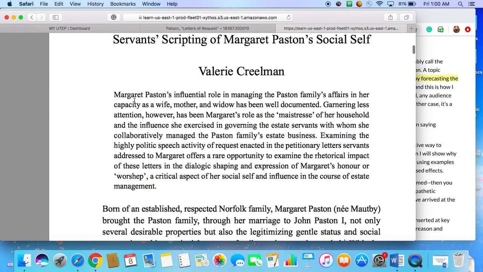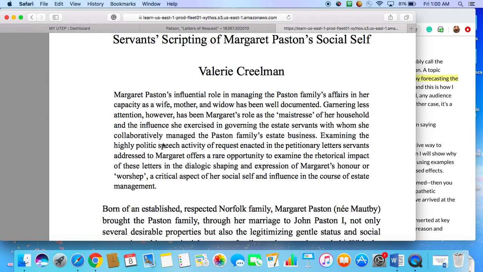Margaret Paston's influential role in managing the Paston family's affairs in her capacity as wife, mother, and widow has been well documented. Garnering less attention, however, has been Margaret's role as the mistress of her household. Not mistress, mastress of her household, and the influence she exercised in governing the estate servants with whom she collaboratively managed the Paston family estate business.